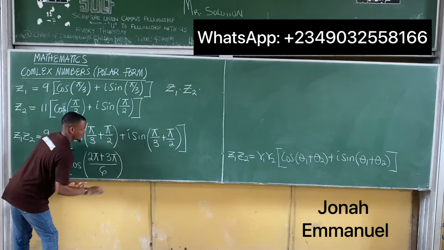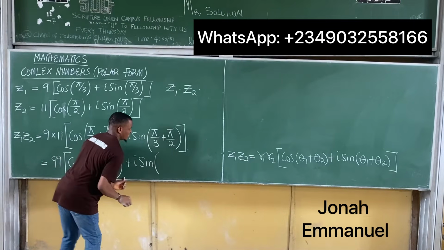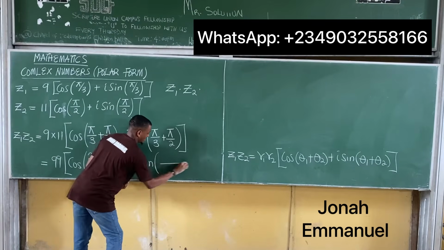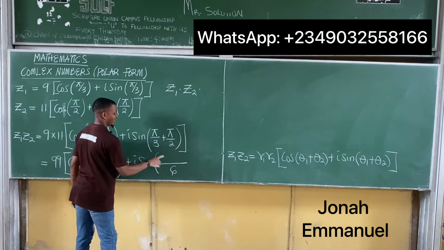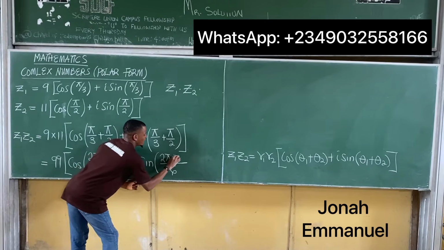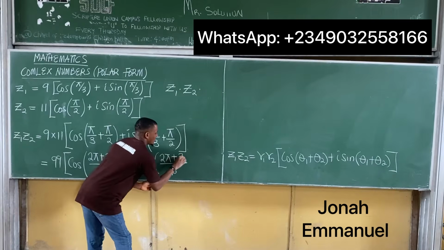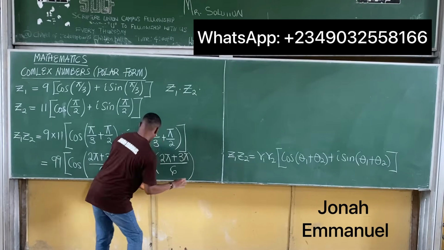So I have this plus i sine, take the LCM of 3 and 2, and that again is 6. 6 divided by 3 is 2 times pi is 2 pi, plus 6 divided by 2 is 3 times pi is 3 pi.